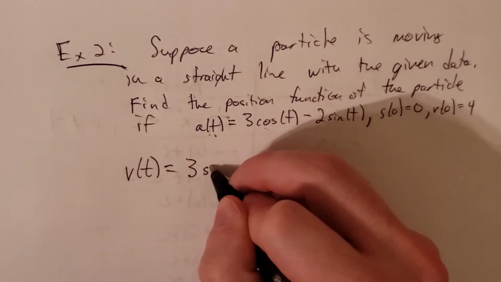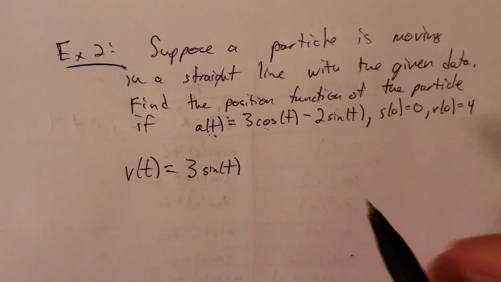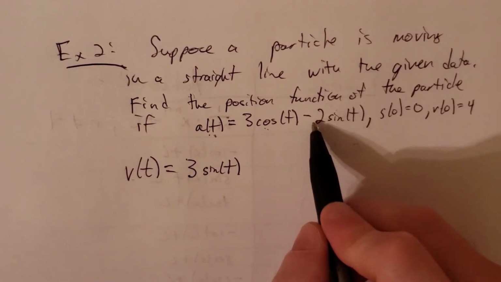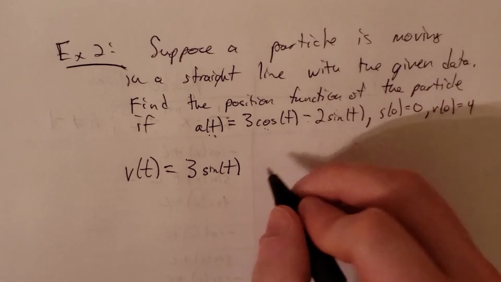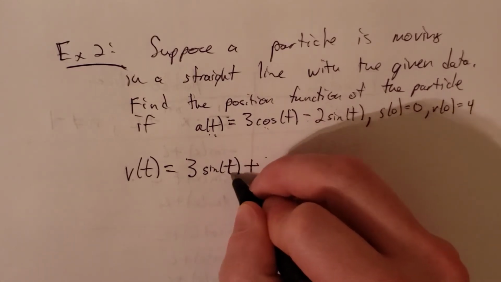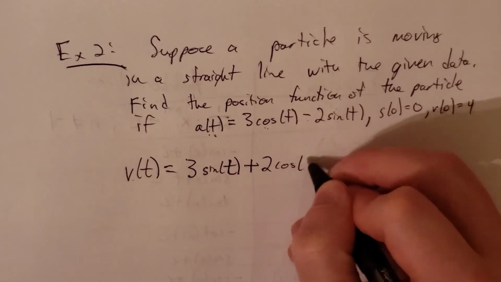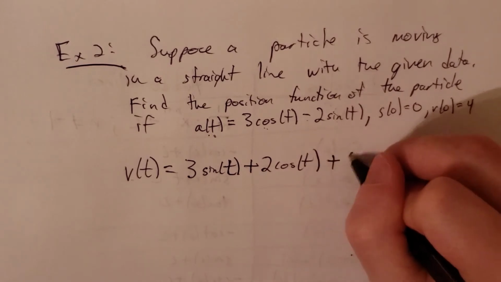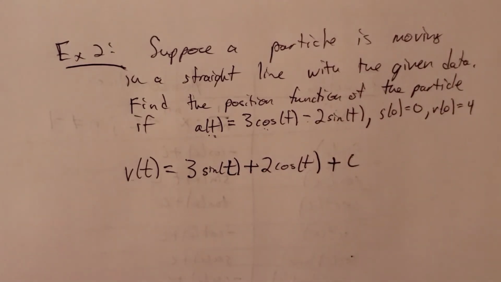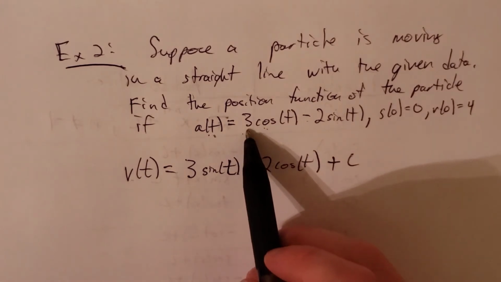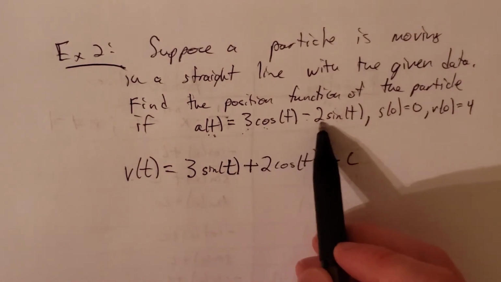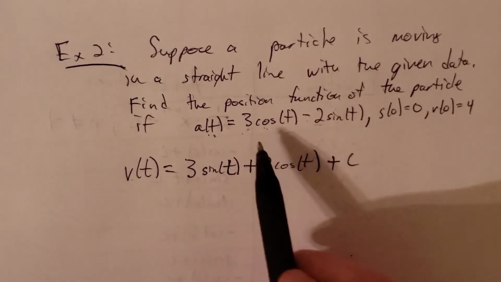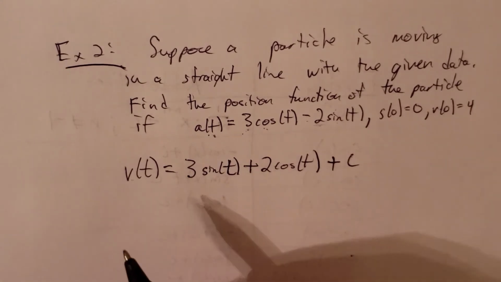So this is 3 sine of t. And then the derivative of cosine is negative sine. So the antiderivative of a negative sine is positive cosine. So this is positive 2 cosine of t here. Plus, of course, some value c. Now, as in derivatives, we can just ignore this constant multiplier out in front, and that's why we just wrote down those constant multipliers out in front.